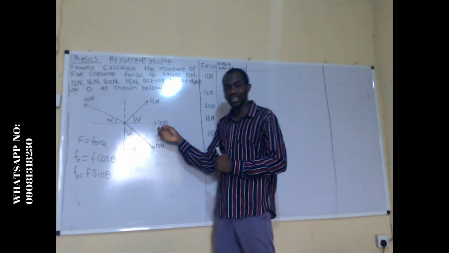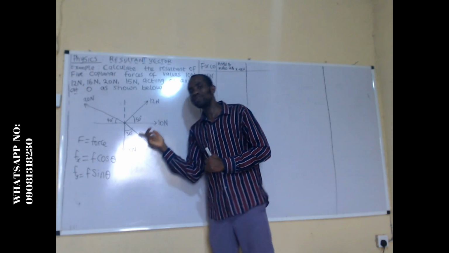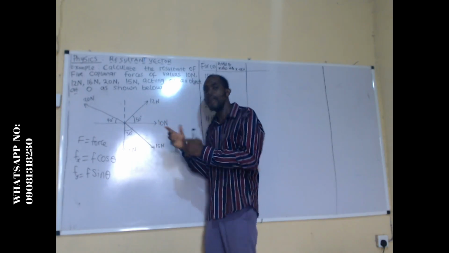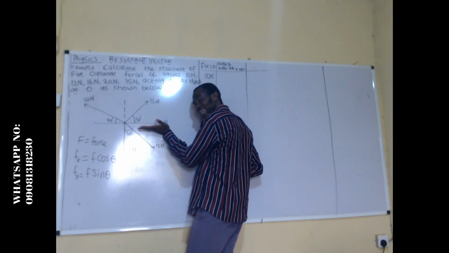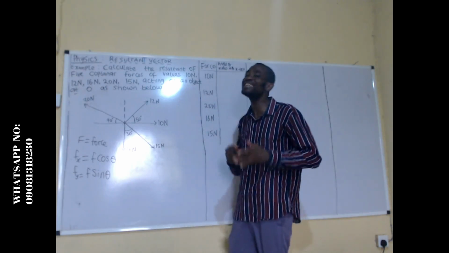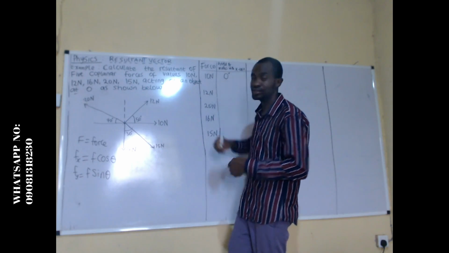But let's start with 10 Newton. What angle is 10 Newton making with the x-axis? If you look at it very well, 10 Newton is already lying on the x-axis. So the angle it is making with the x-axis is 0 degrees.